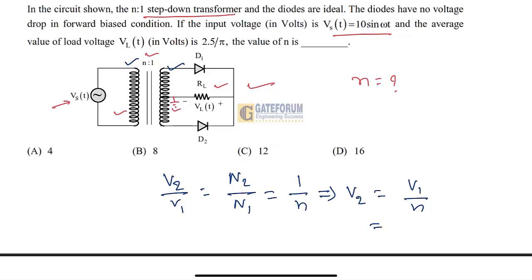V1 is the voltage across the primary coil. Whatever we have as Vs entirely appears across the primary as V1. So V1 is 10 sine omega t divided by N. Let's call this equation number 1.